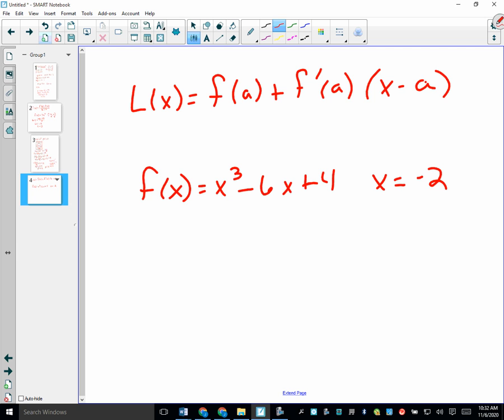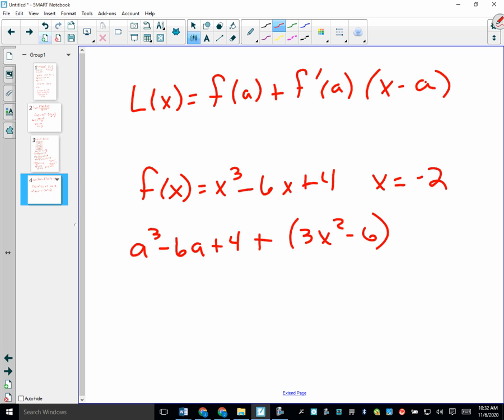So it is a cubed minus 6a plus 4 plus, what's f prime of a? 3x squared minus 6. Times what?